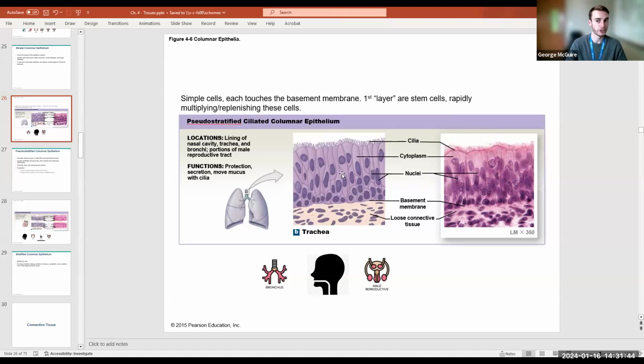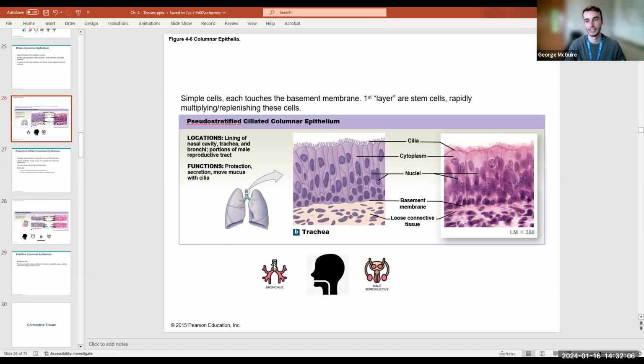But because we have these weird shapes and they're squished within each other, the nuclei end up in different locations. So if you saw this under a microscope, it'd be very easy to confuse this with 3 or 4 cells stacked on top of each other and assume that this is stratified, that we have multiple layers. But these are each single cells that are completely connected from the apical surface all the way to the basement membrane there.